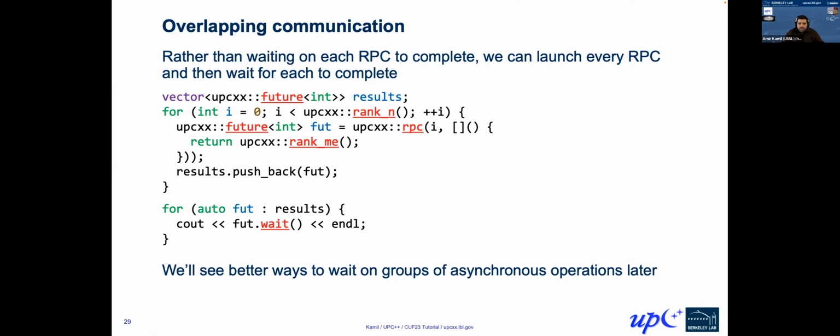This is an example of overlapping different RPCs with each other. There are other ways, by the way, of waiting on groups of asynchronous operations, and we'll see one of those later today.